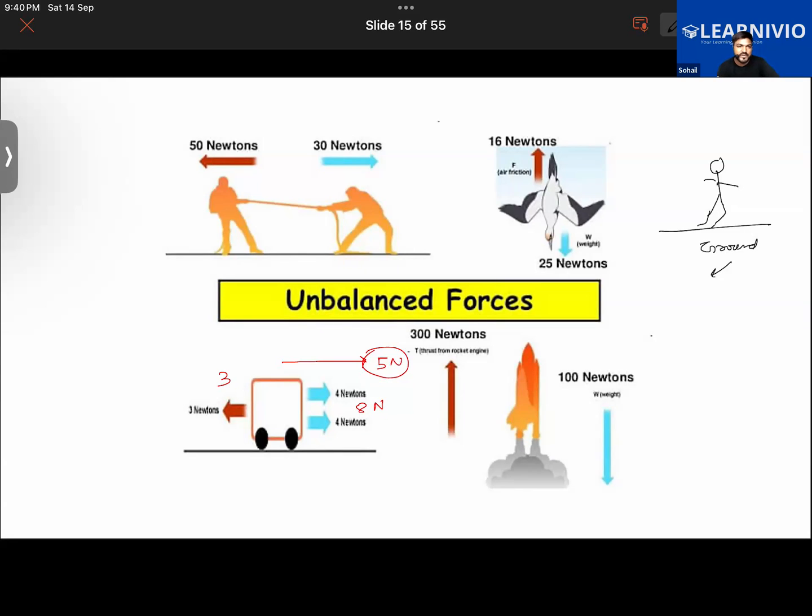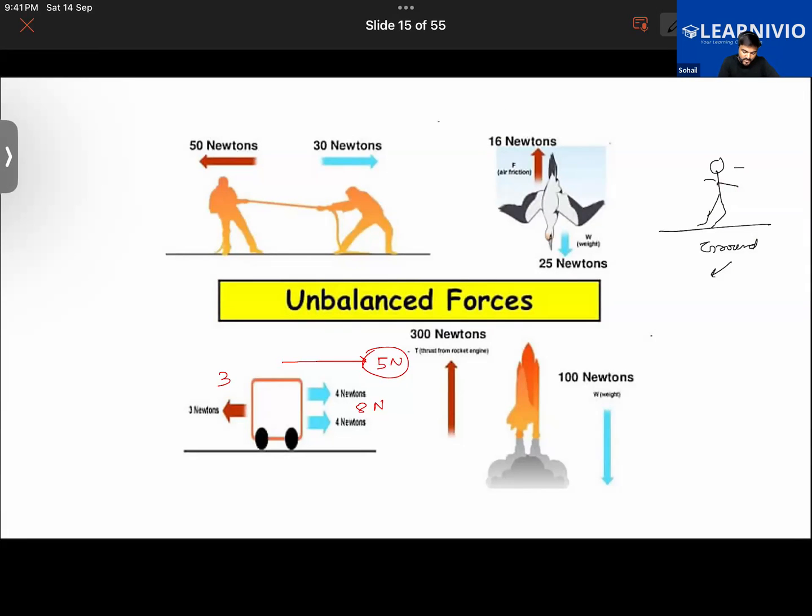Whenever force comes into existence, either pulling or pushing will be taking place. While you're walking, you're not pulling the ground, but you're pushing the ground back, and that's how you're able to move forward. Although you don't get to see the ground moving back because of its gigantic size. So when you are walking on a road, you will be pushing the ground backward and your body will be moving forward.